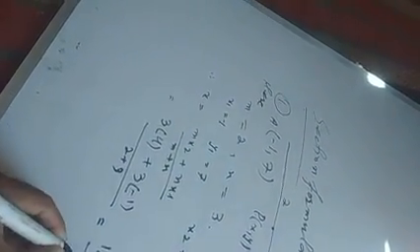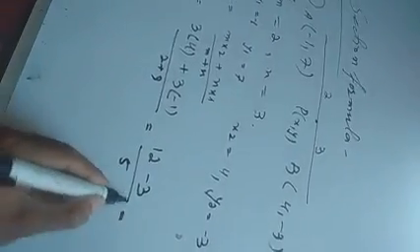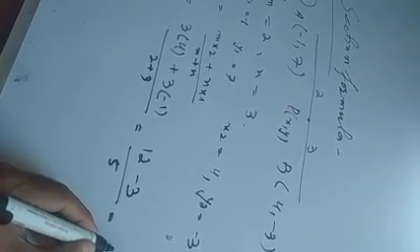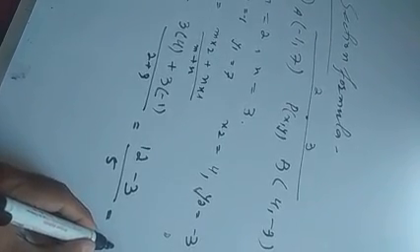So 4 threes are 12, 3 ones are 3, minus 3, divided by 3 plus 2, which is 5. That means 12 minus 3 equal to 9.